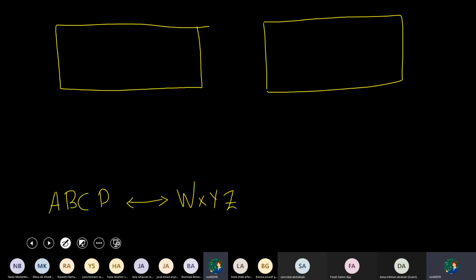Now, if you want to draw them, look here. I put A here, then B here, C here, and D here. How will my move be?